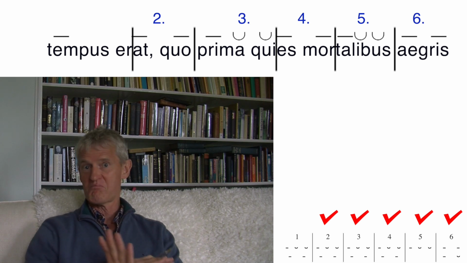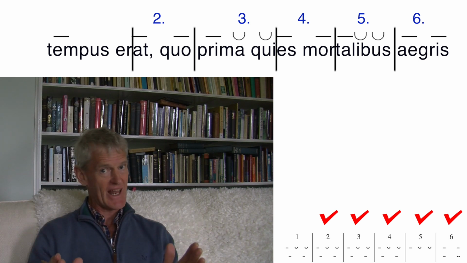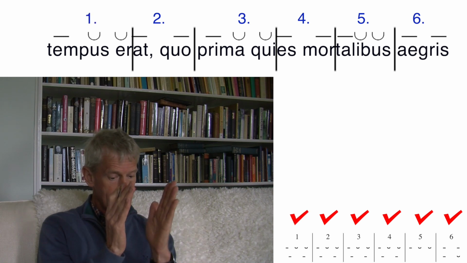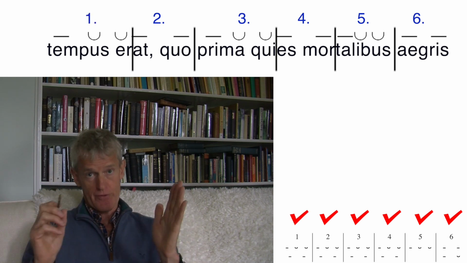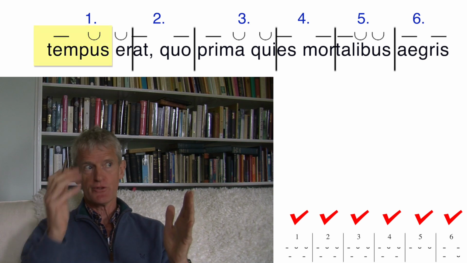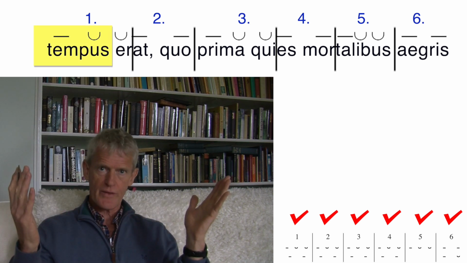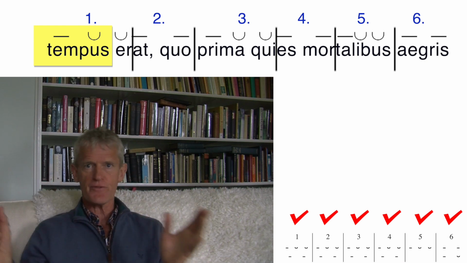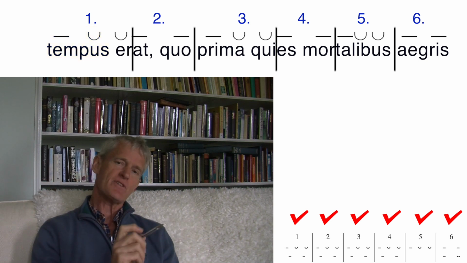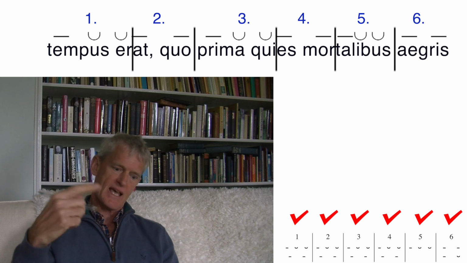Therefore, by definition, that is a dactyl. It couldn't begin with a spondee, because then you'd have to mark a line and you'd be left with a syllable that didn't fit into any of the feet. So it is definitely a dactyl at the beginning, tempus e.